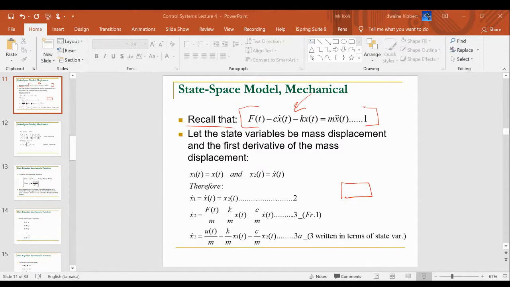We have the force due to the spring, and I'm going to call this Fs, and the force due to the dashpot. And so this component here is speaking to the force due to the dashpot. This is due to the spring. This is the input force right here. And this is what we call the resultant.